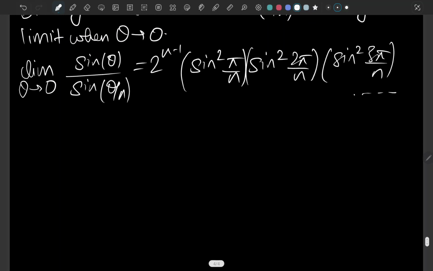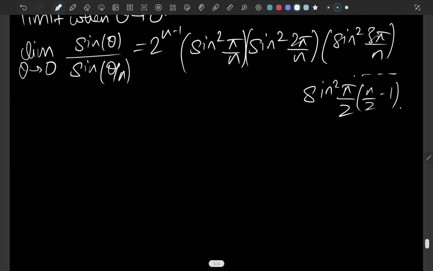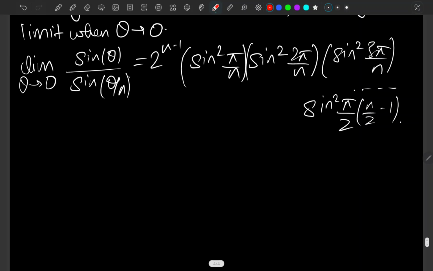Or maybe we can consider just taking up to sine squared pi over n times n over 2 minus 1. Yeah, it's pretty fine.